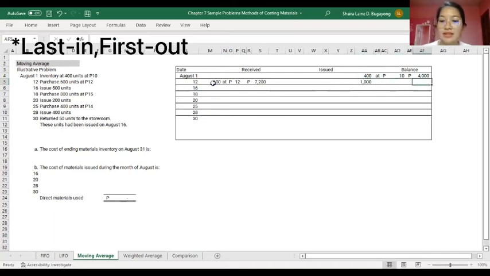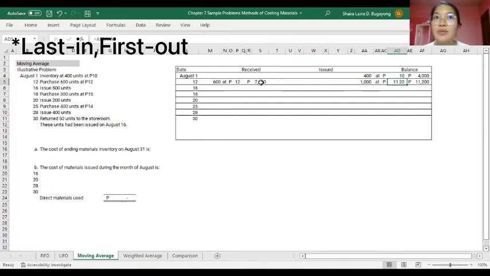Tapos, cost is 4,000 plus ang 7.2. So, from there, we can determine our unit cost, which is ang 11,200 divided by 1,000. So, our unit cost now is at 11.20.